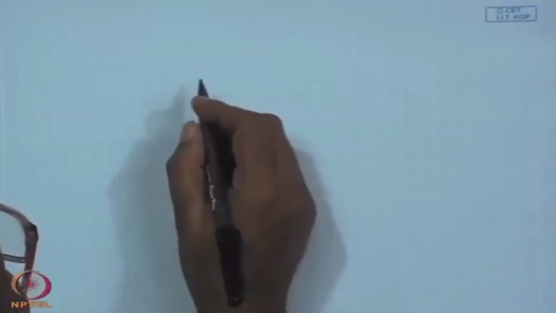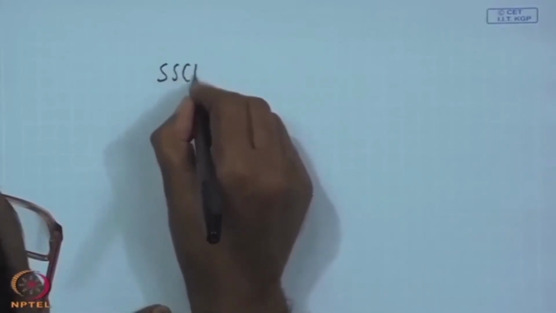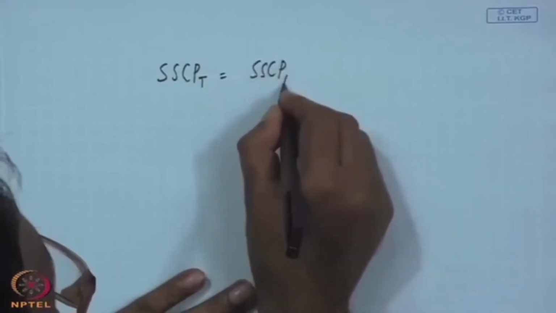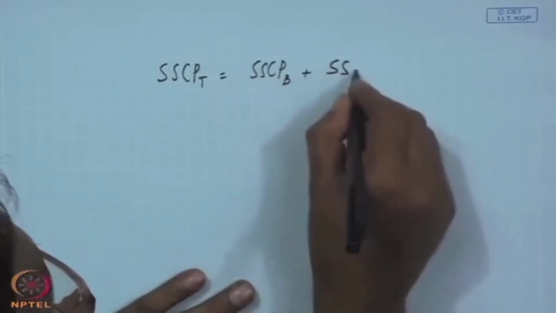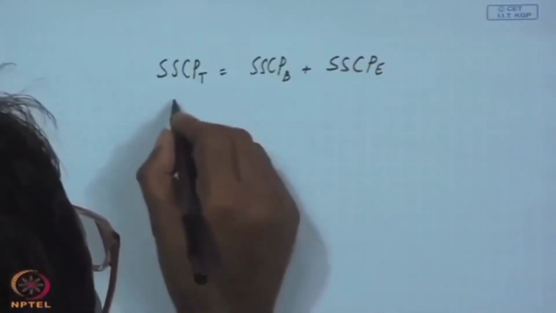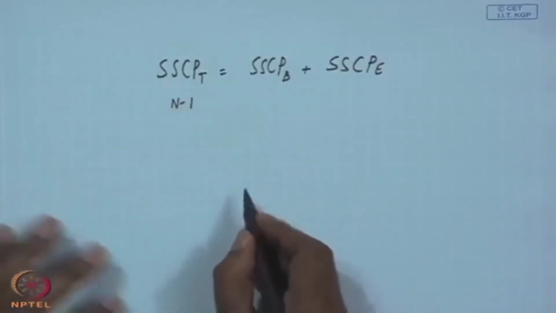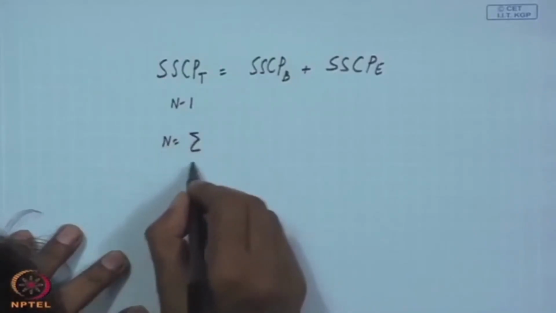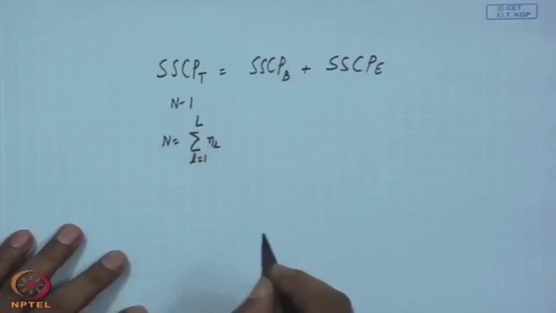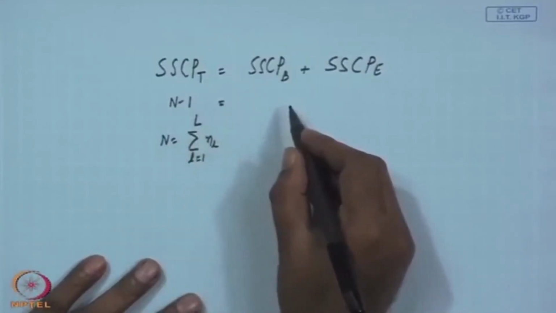What we have seen in last class, that we have decomposed SSCP total into two parts, SSCP between population plus SSCP error. And we have also discussed that the degree of freedom for SSCP total is n minus 1, where n is equal to the sum over l equal to 1 to capital L of n_l, and there are L populations.